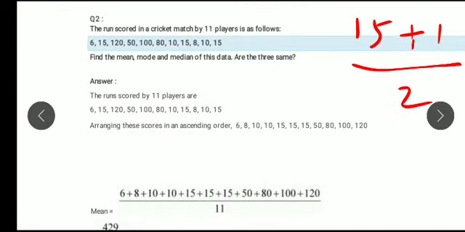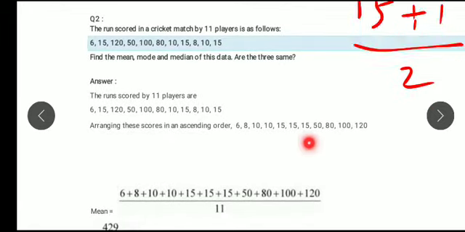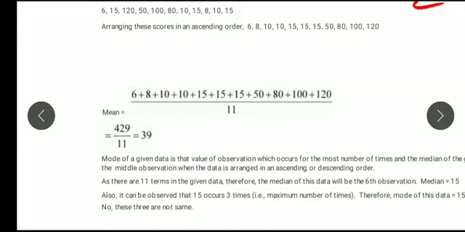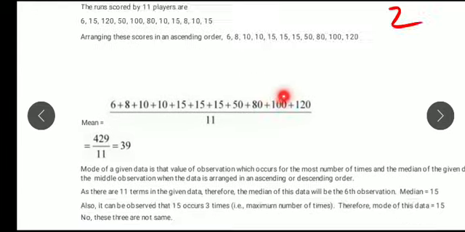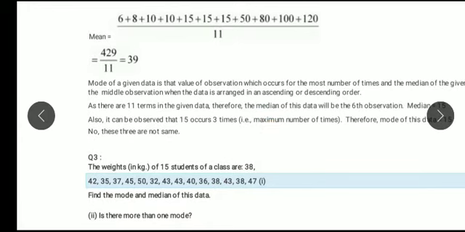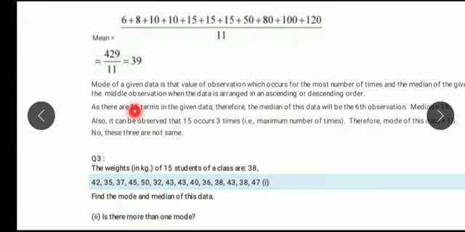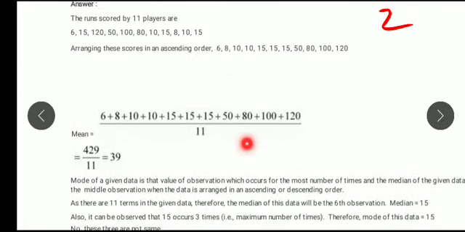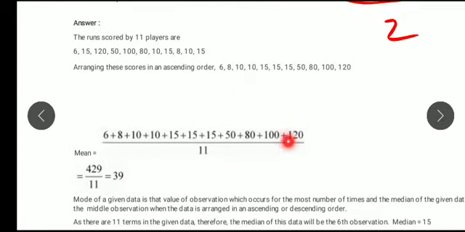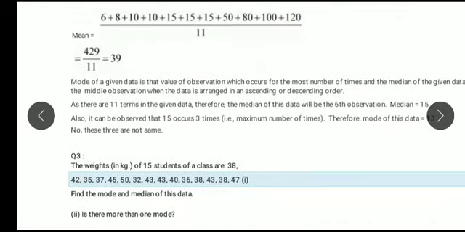Mean means all these numbers divided by 11. If you divide, you will get 39. Now the median: we will arrange the numbers in ascending order. As the total is 11 numbers, 11 plus 1 divided by 2 is 12 by 2, which is 6. So the sixth number will be the median. And the mode is the number which repeats the maximum times. You can see here 15 is coming 3 times, so the mode will be 15.